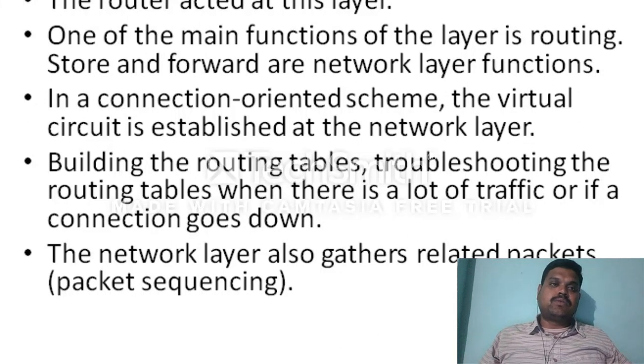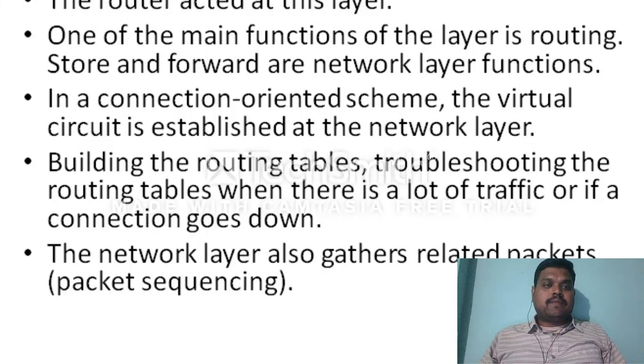We will discuss those functionalities in a later part of the syllabus. So building routing tables, troubleshooting the routing tables when there is a lot of traffic, or if a connection goes down, or if any device is left out of the network: all this traffic related information will be handled by the network layer.